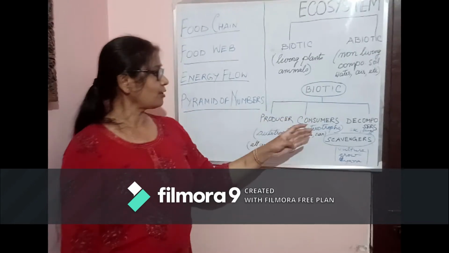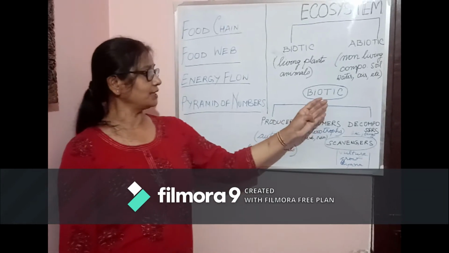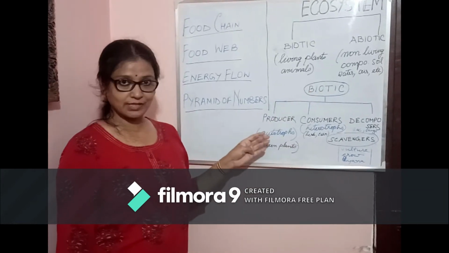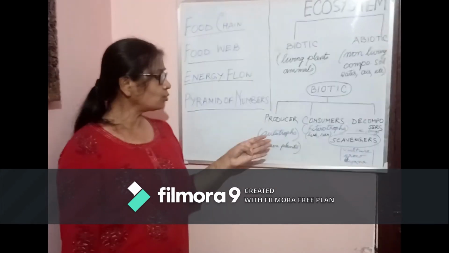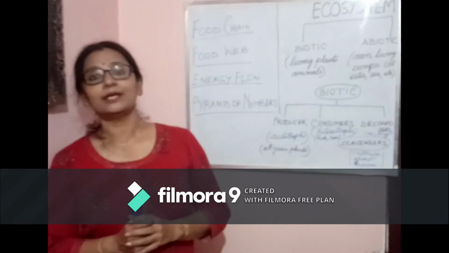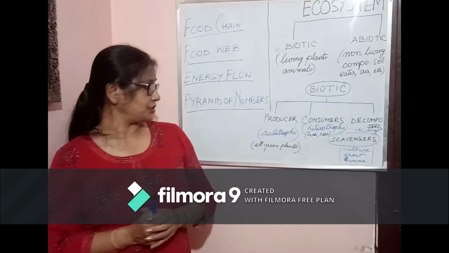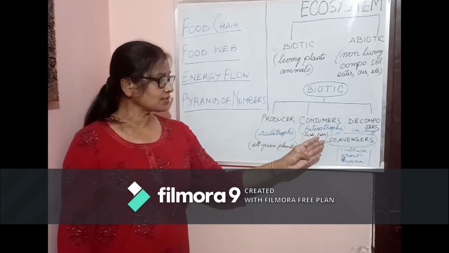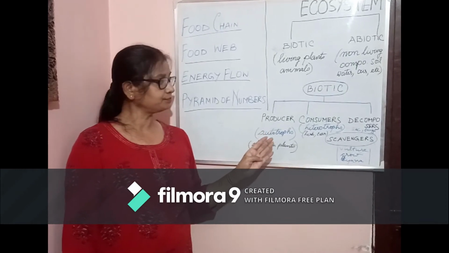Now these biotic components, based on the food relation, can be divided into producers, consumers, decomposers, scavengers. Who are the producers? All green plants form the producers. They are the largest in number in our nature. Next, the consumers, which depend on the producers for their food.